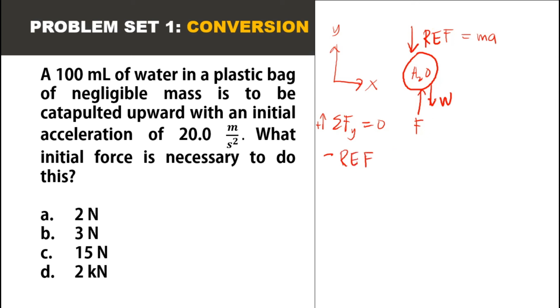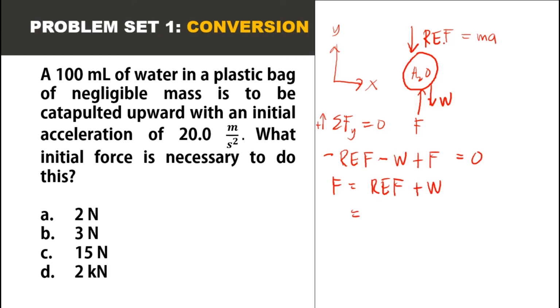So we have the weight of the water in the plastic bag, that is downward, negative. We have force upward, that is positive, equals 0. That is what we call D'Alembert's principle. So the force is equal to REF plus the weight.